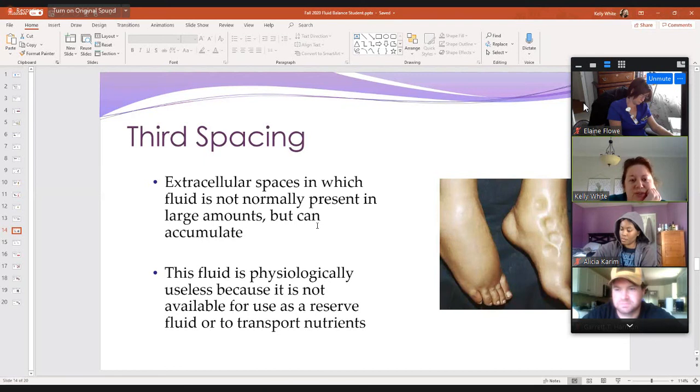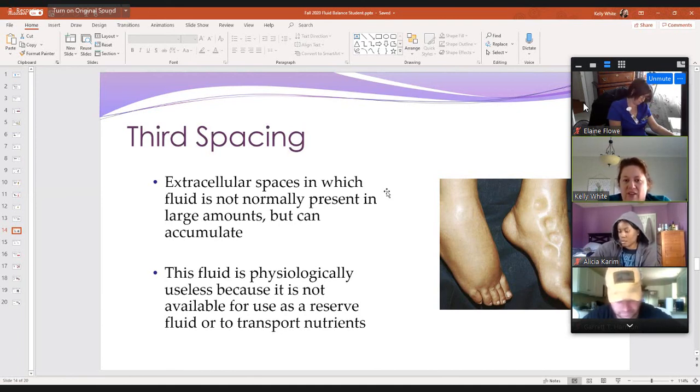You can also see this in liver issues, renal issues. But essentially, third spacing is you end up having increased vascular or increased capillary permeability. So all your capillaries and your blood vessels are essentially leaking fluid out into your interstitial spaces.